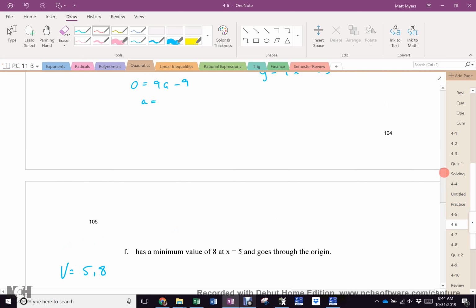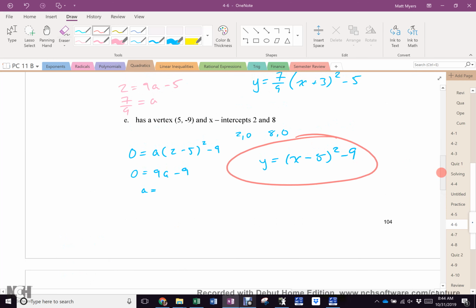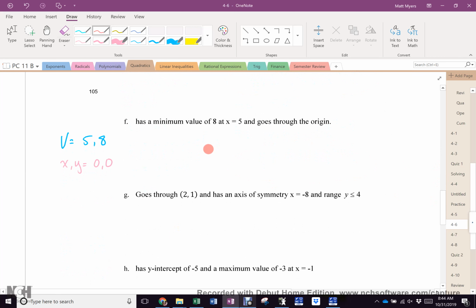I want this from this question. 0 equals a(0 minus 5). y equals negative 5(x minus 5) squared plus 8. It's negative 8 over 25?